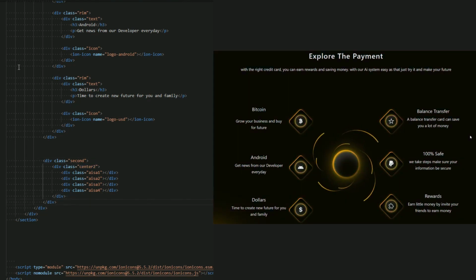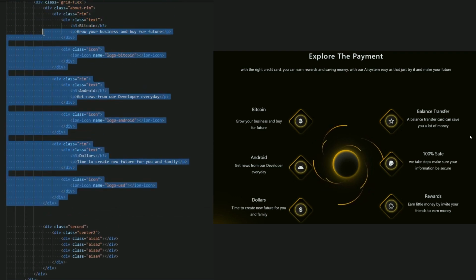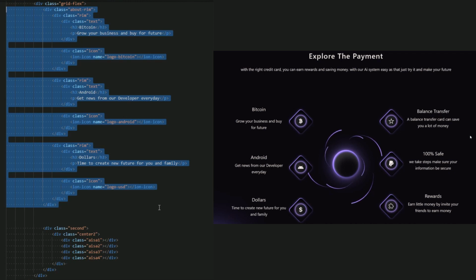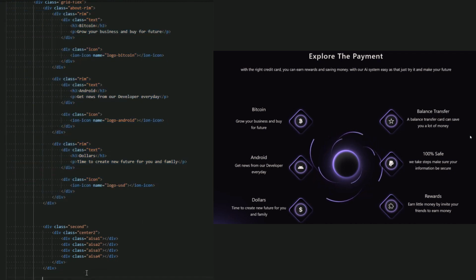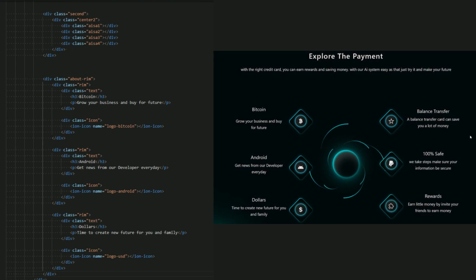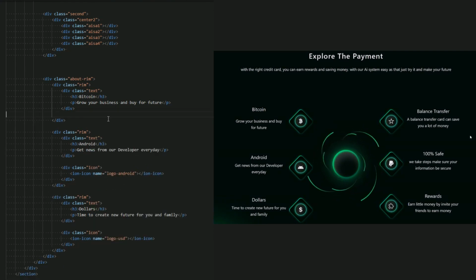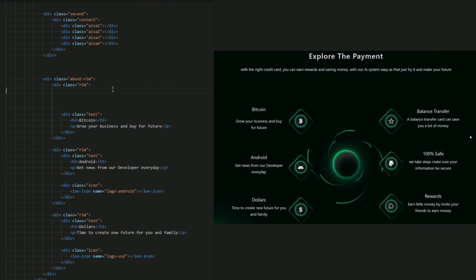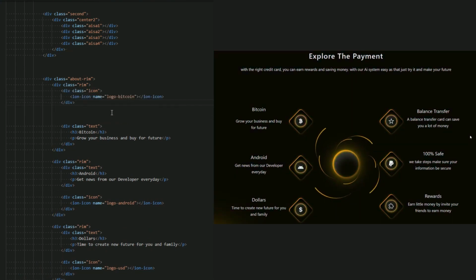Now let me just copy this again, about rim, and paste it here. This is the third box, which is the right, as you can see. So again, let me just change a text and icon. So first, let me just replace it to be a top icon, the text be a down and the icon be a top.